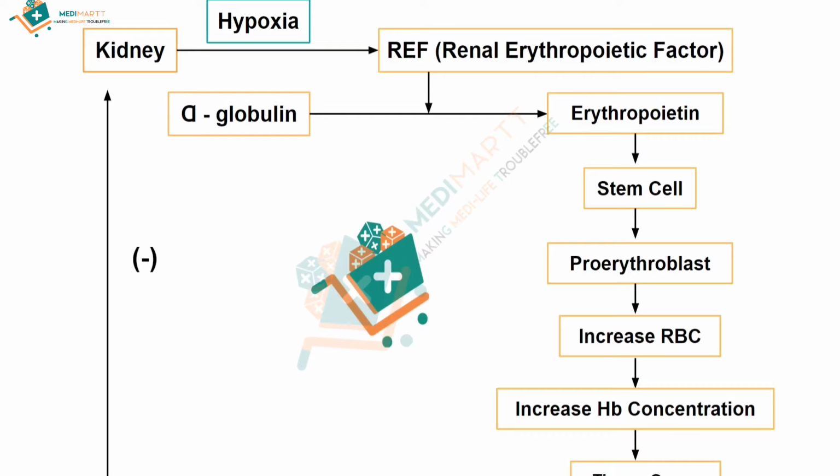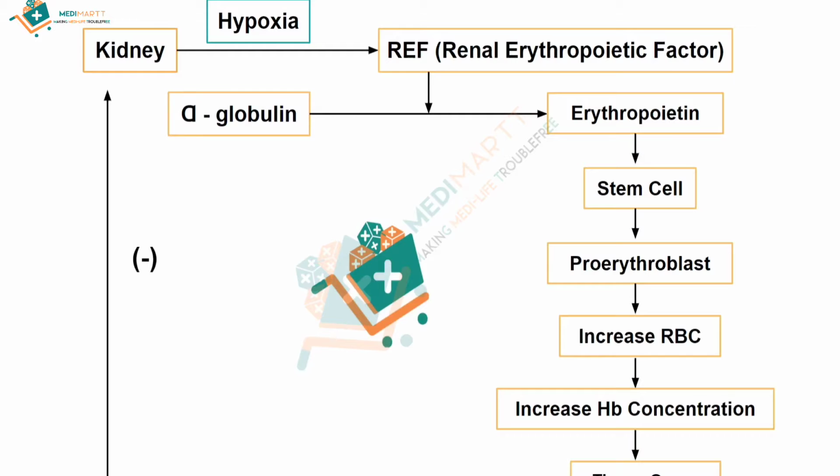When you feel a lack of oxygen in your body, which is also called hypoxia, this hypoxia stimulates the kidney, and the kidney releases the renal erythropoietic factor. This renal erythropoietic factor helps in erythropoiesis. The alpha globulin converts into erythropoietin with the help of this renal erythropoietic factor.